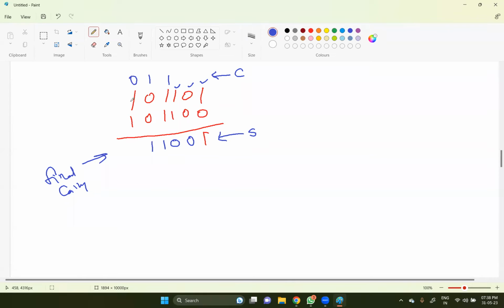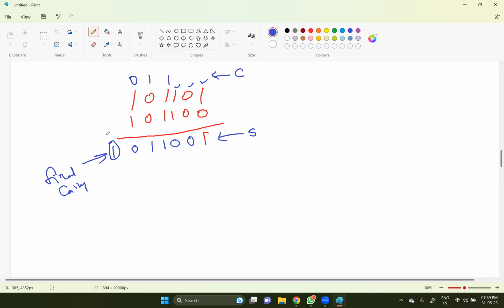And here, 3 bits are available, so 0 is the sum, and the extra carry will be this one. Always to add a number of bits, we may require a full adder.